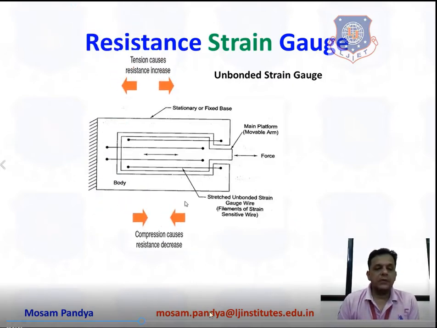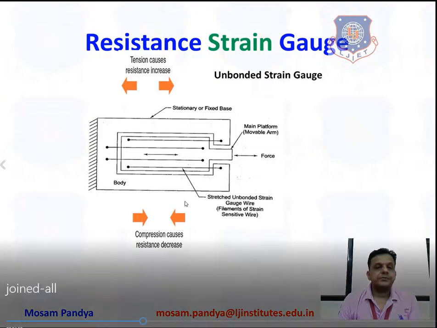And what if you apply the tensile force and compression force? So if you apply tension, so resistance will increase, but whose resistance will increase? The wire which is stretched. So the first wire and fourth wire will have increase in the resistance.